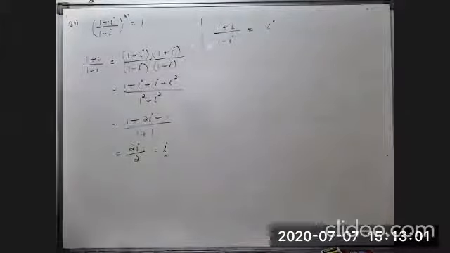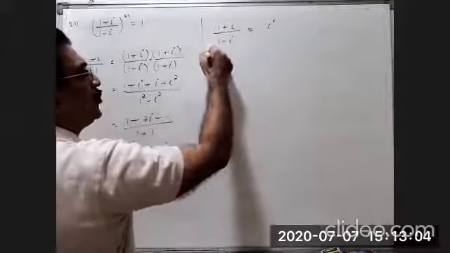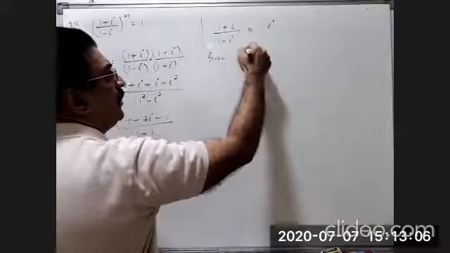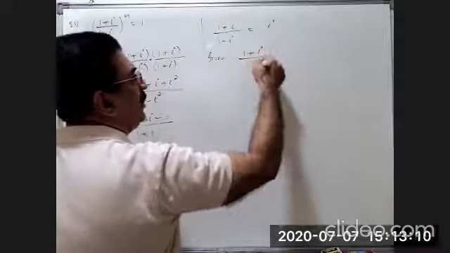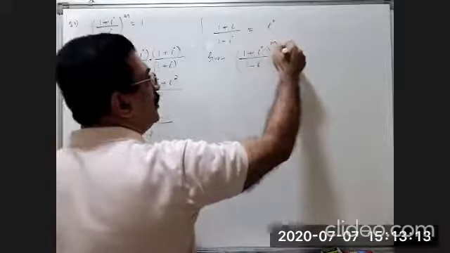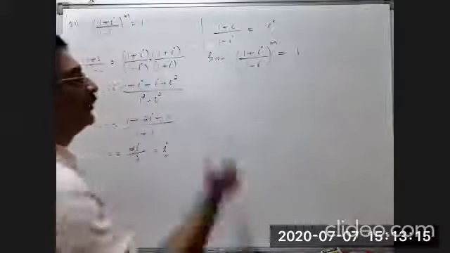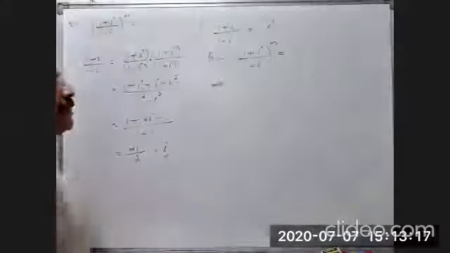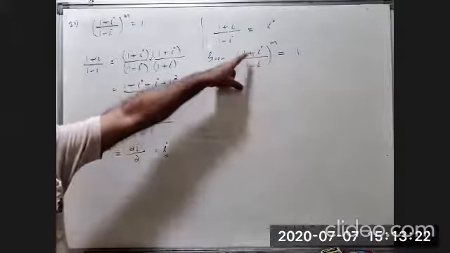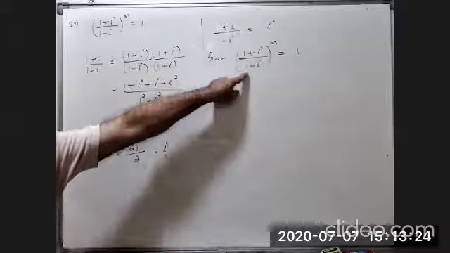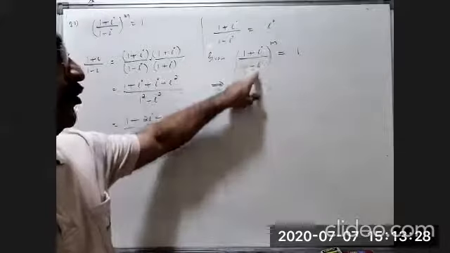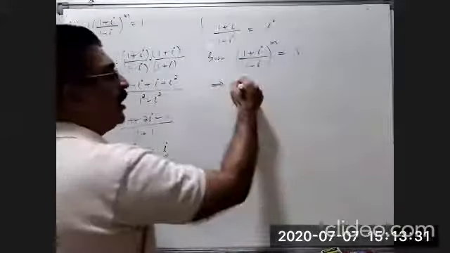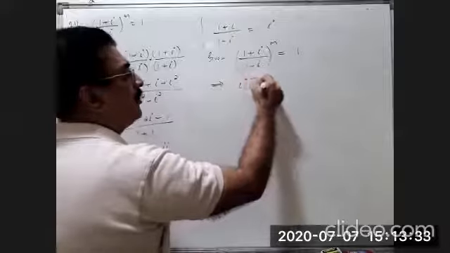Now what is given in the question? It is given that this ratio, (1 plus i) by (1 minus i), raised to m is equal to 1. This implies the standard form of the ratio is i, so i raised to m is equal to 1.